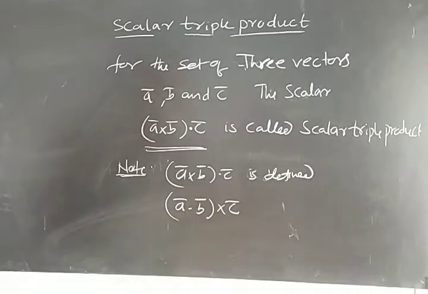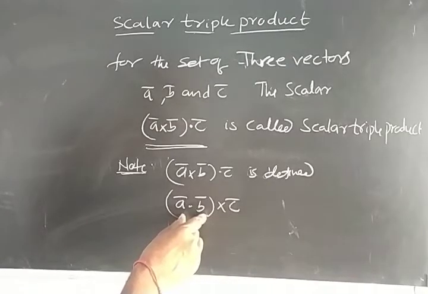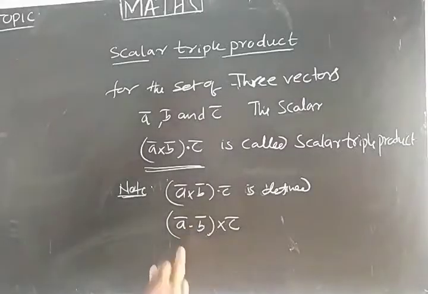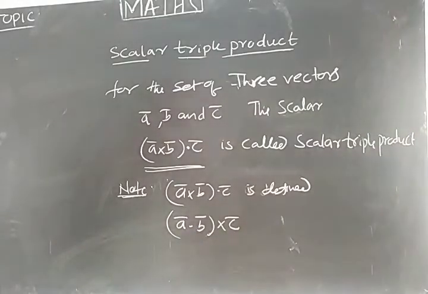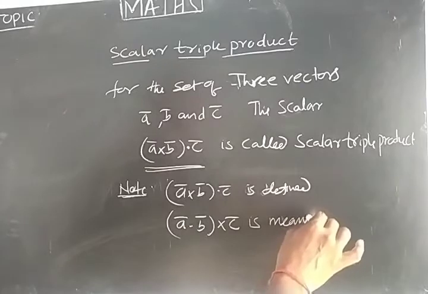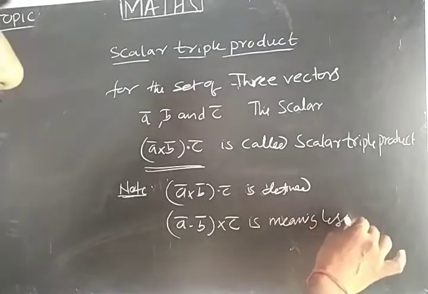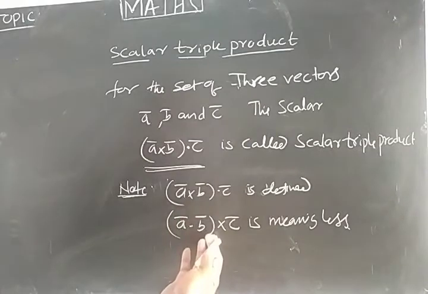Because it is meaningless. A bar dot B bar will give a scalar and this is a vector. Between a scalar and a vector we cannot use the cross product. It is meaningless.